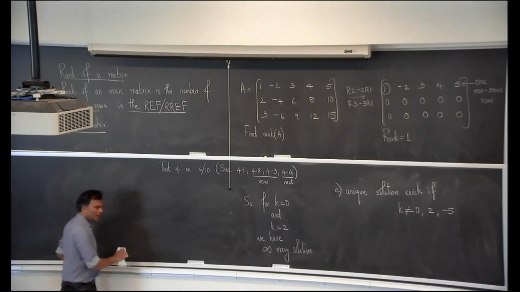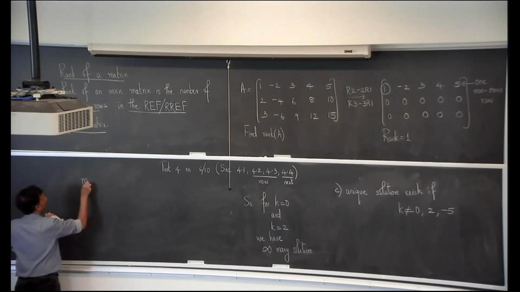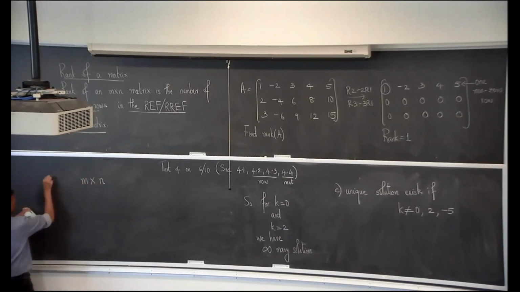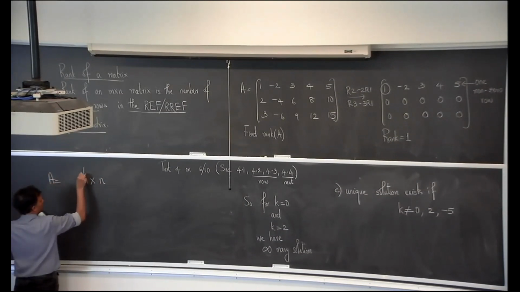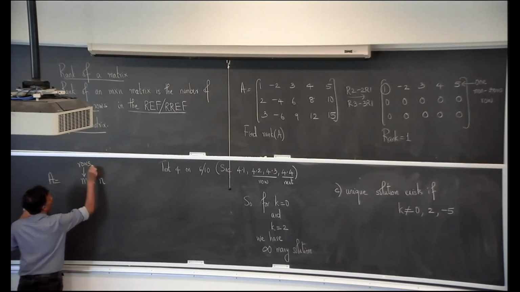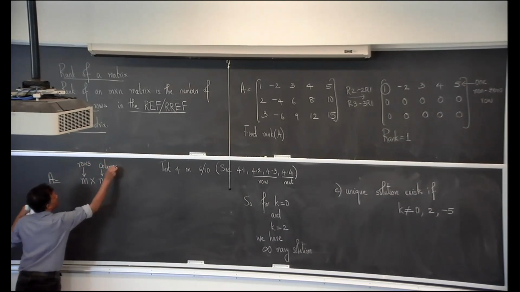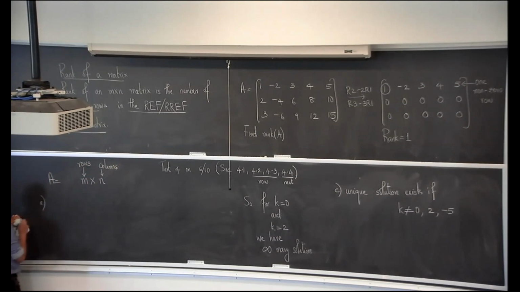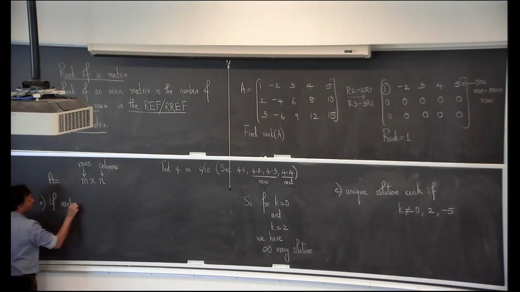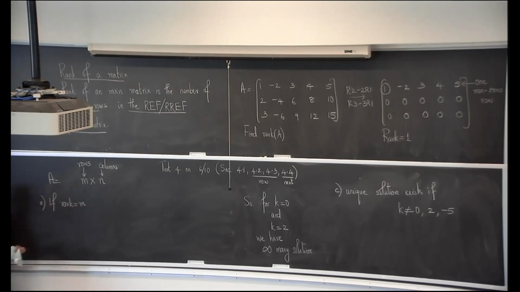What does the rank tell you? Well, suppose A is an m by n matrix, which means you have m rows and n columns. Statement A: if the rank is equal to m, which means there are no rows full of zeros.